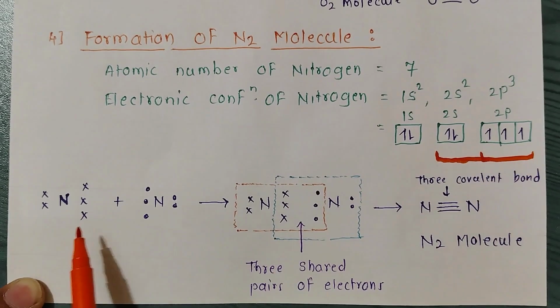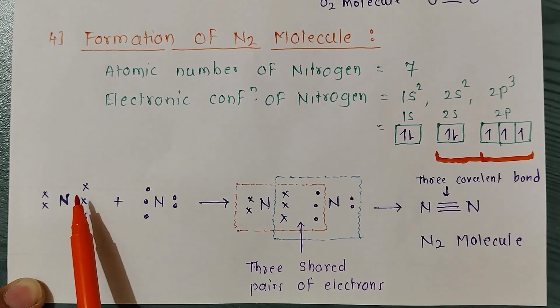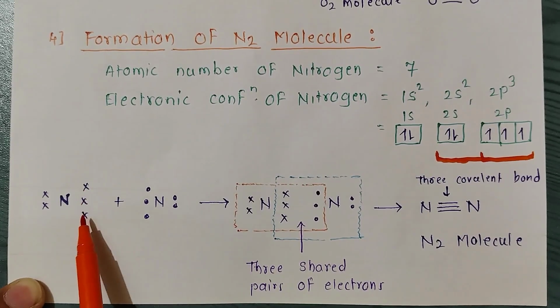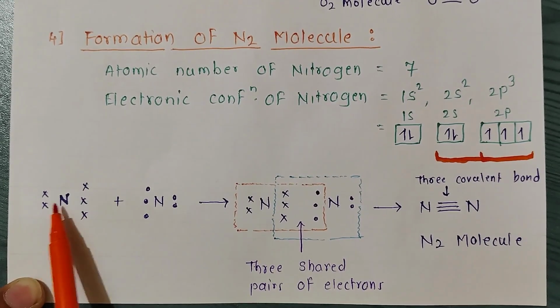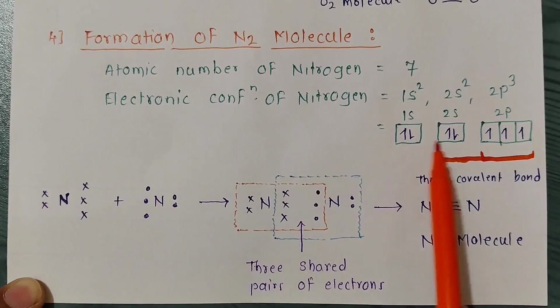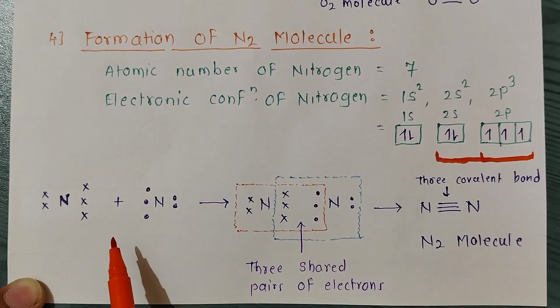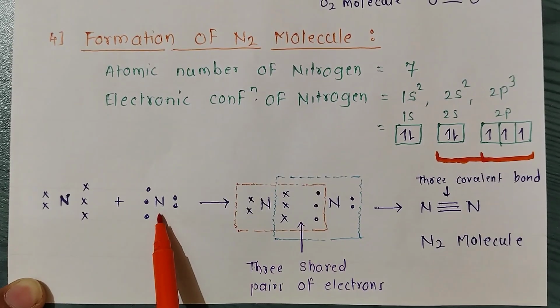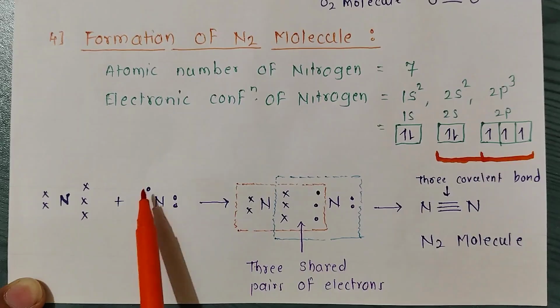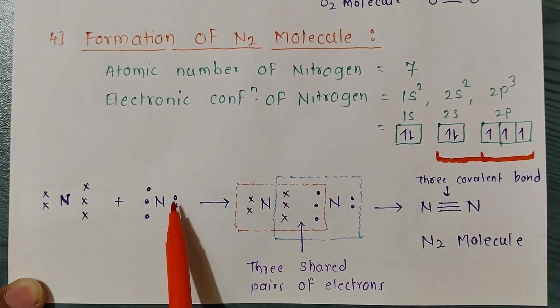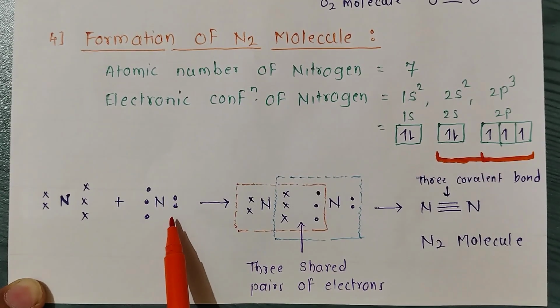formation. So see that here, this nitrogen contains 3 unpaired electrons which are shared with the other nitrogen to form a bond, and these 2 electrons are the non-bonding electrons. These 2 are the non-bonding electrons which remain on the nitrogen in the form of a lone pair. Similarly, the other nitrogen shares 3 unpaired electrons, and its two paired electrons are non-bonding electrons.